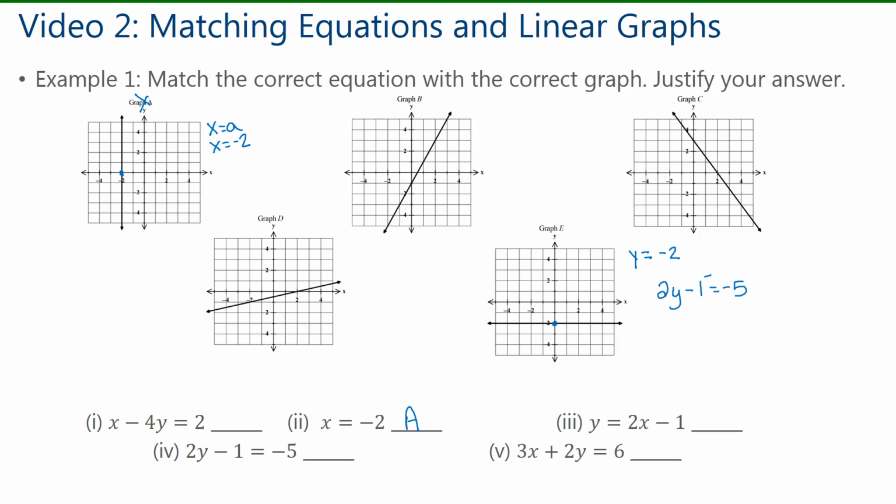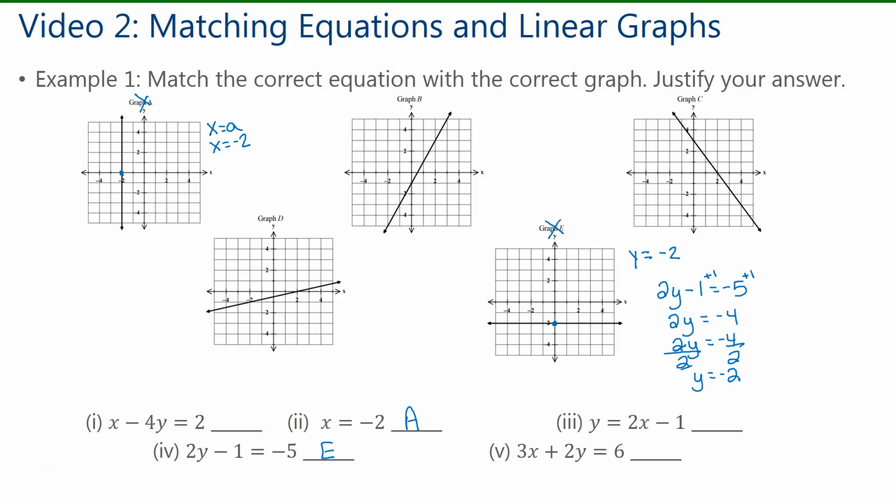So I can start by adding 1 to both sides. So I get 2y is equal to -4. Then I'll divide both sides by 2. And that gives me y equals -2, like I wanted. So graph E matches with equation 4.